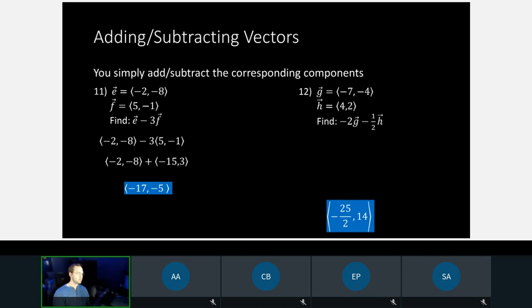No, so that second answer I showed, at quick glance, I can tell you that it is definitely not correct, and that's because we shouldn't have any fractions for the answer. Antonio mentioned earlier, thank you for making this number 12 easier than it could have been, right? That's because when you do a half times vector h, half of it, 2 even numbers, it still stays an integer.